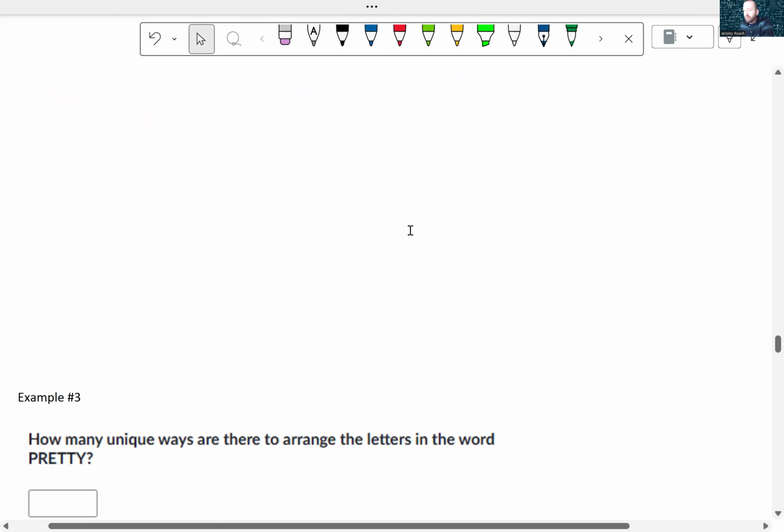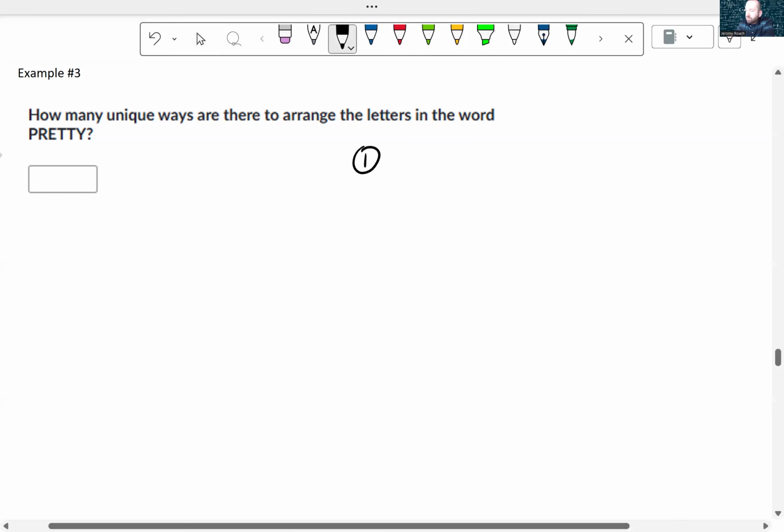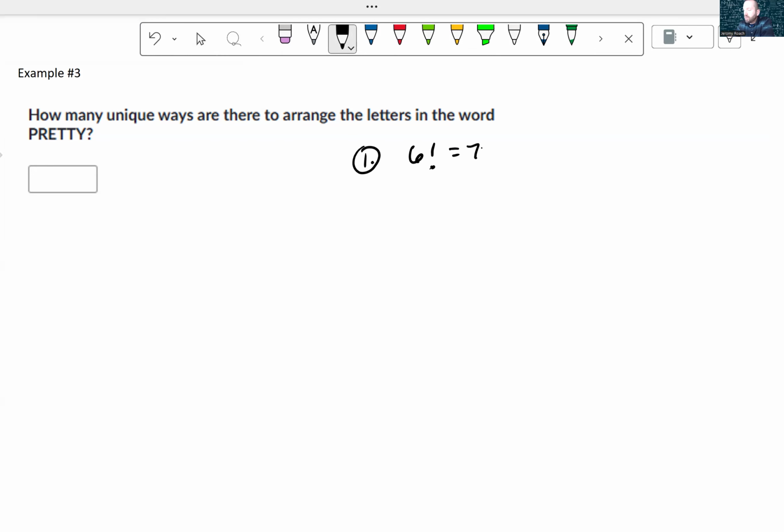Let's go to the next example, where they give us a word and they want us to figure out how many unique ways there are to arrange the letters in a word. So we want to know how many unique ways there are to arrange the letters in the word pretty. Our first step: there's 6 letters, so 6 factorial gives us 720.